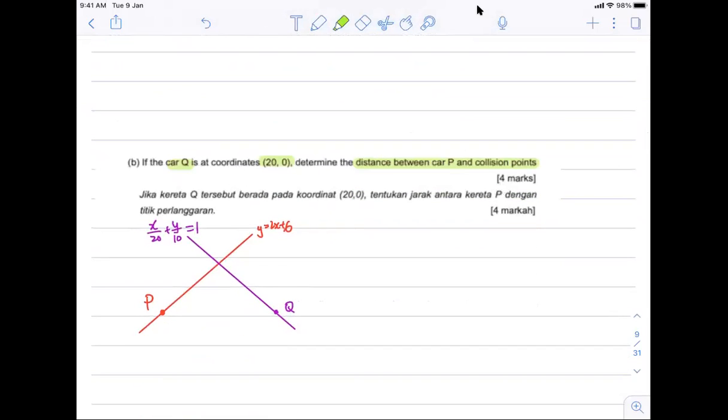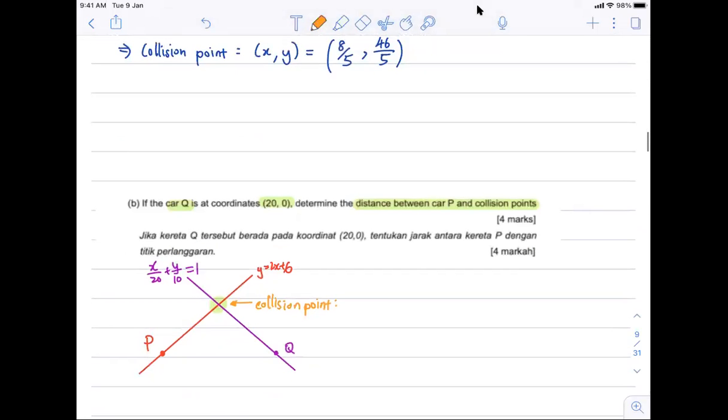And then this is the collision point. The collision point in the previous part A, we already found it as 8 over 5, 46 over 5.